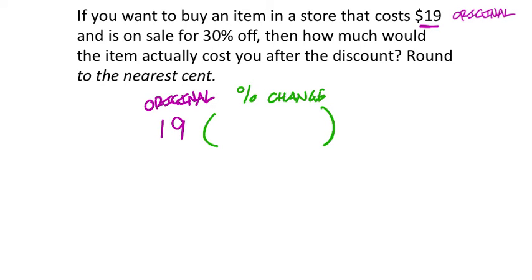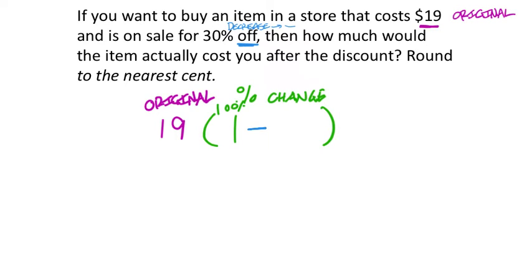Again, this item starts at $19. If I multiply it by 1, that would be 100%, right? Now this one is 30% off, which means it's going to decrease the price. So we're looking for subtraction on this one.